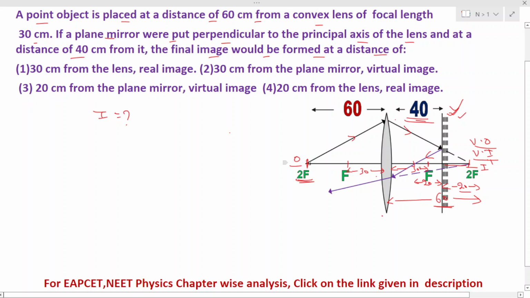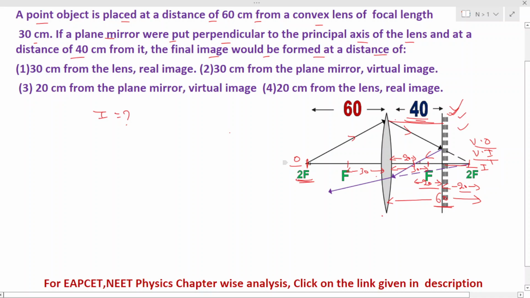Okay. And out of this, this entire distance is 40 centimeters. Okay. Out of which this distance will be 20 centimeters. That means this distance will be 20. That is, the image formed by the plane mirror will be at a distance of 20 centimeters from the convex lens.